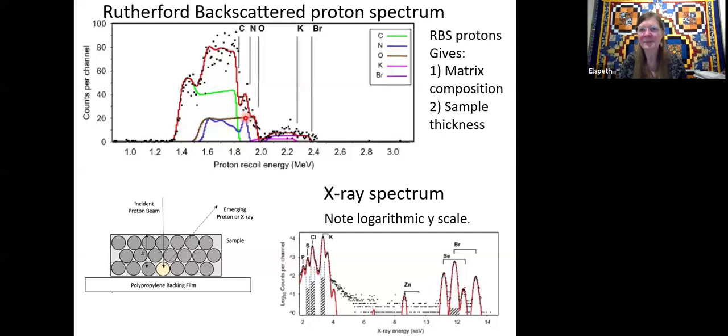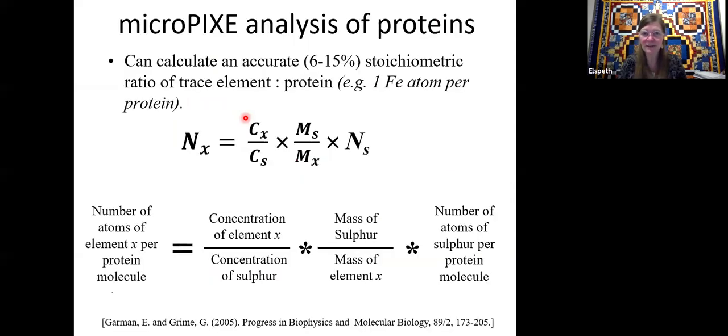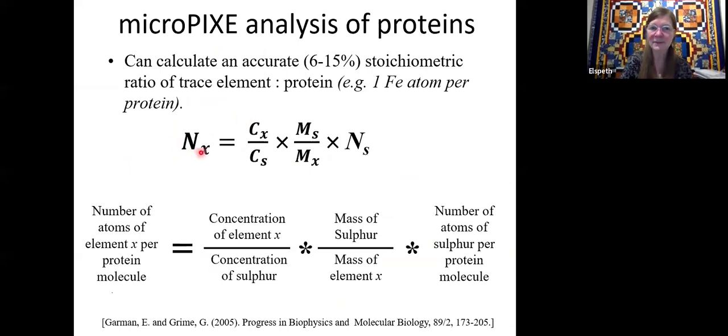So this is a wonderful system developed mainly by Jeff Grime in Surrey to make the software talk to the beamline, etc. And we've now done over 400 proteins measuring the metal content over the last 35 years. So it's a very simple calculation indeed to get the number of atoms of interest.